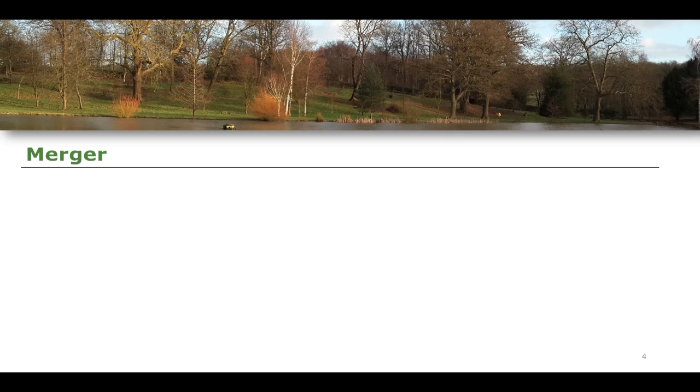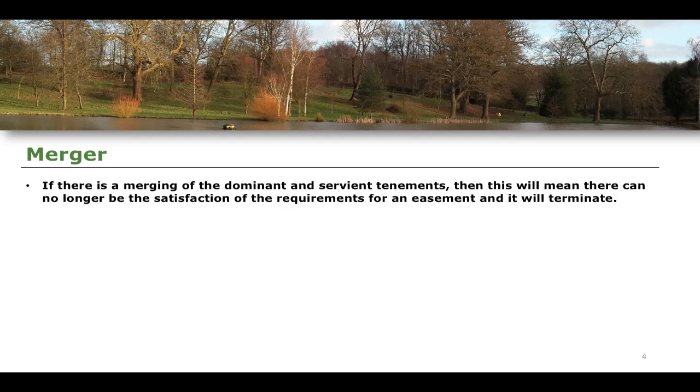This is very simple, okay? If there is a merging of a dominant and a servient tenement, then there will no longer be the satisfaction of the requirements of an easement, and so therefore it will terminate. Remember back to previous lessons, in order for you to have an easement, you must have a dominant and servient tenement, and they must be separate.